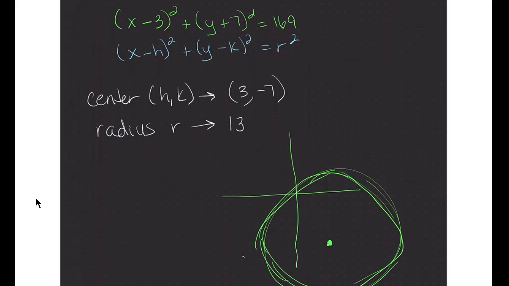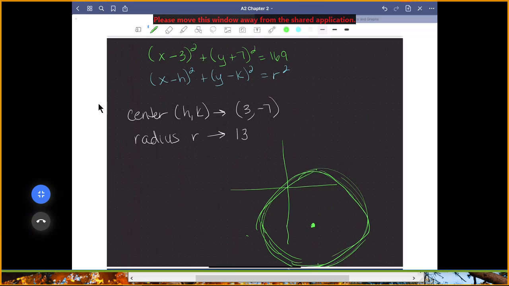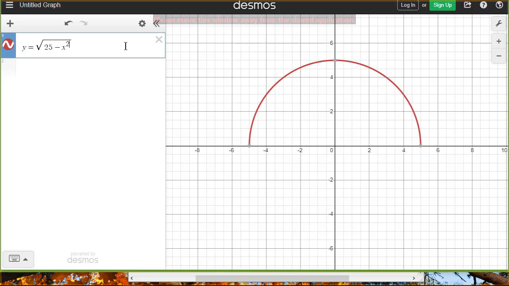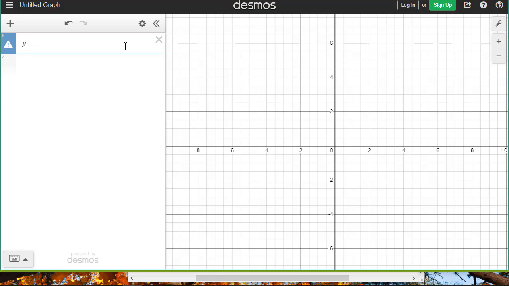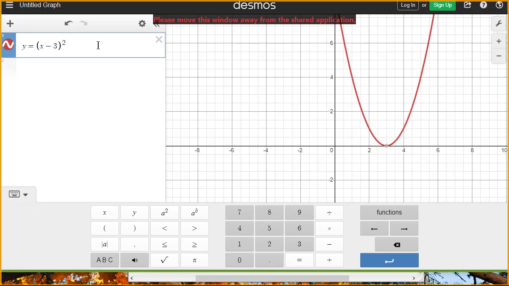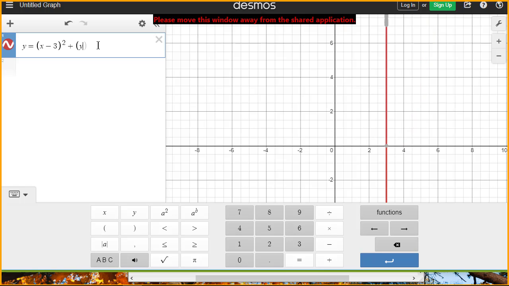And then if you wanted to check it, you could put it into Desmos. You think we're right? So our equation was (x - 3) squared plus, what was it, y plus what, 7?